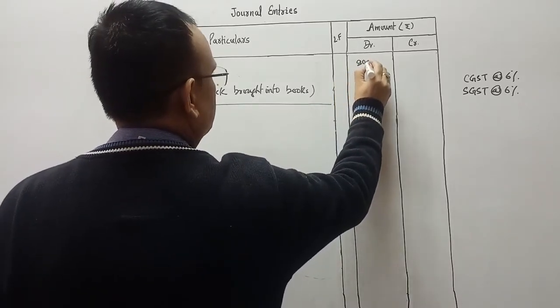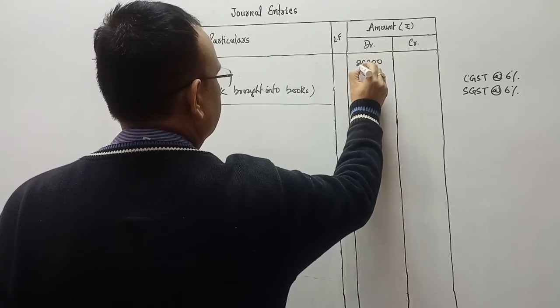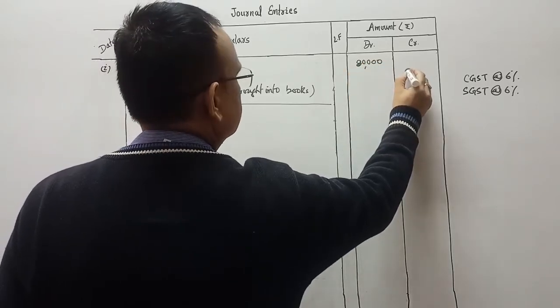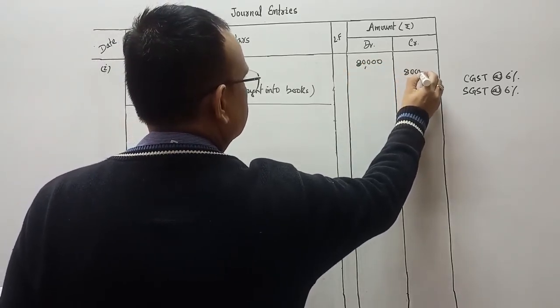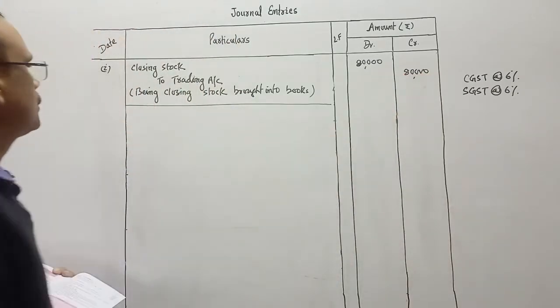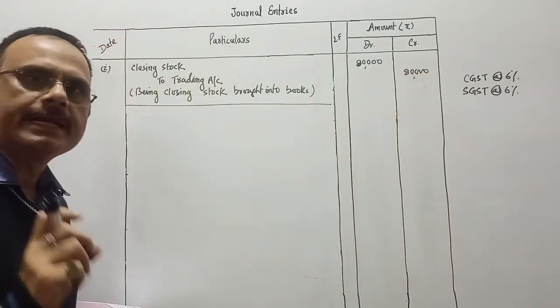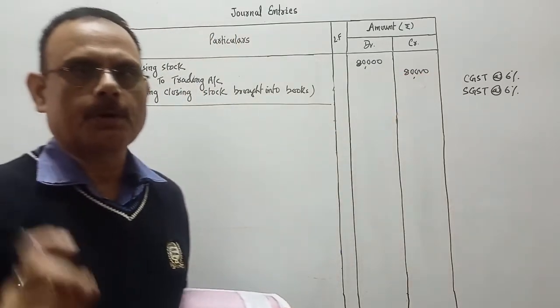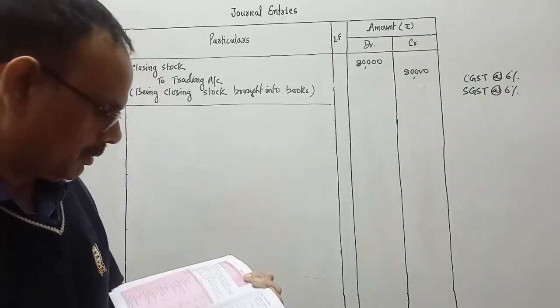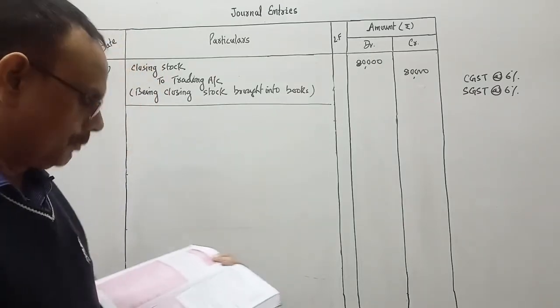So write the 80,000 in debit and 80,000 in credit. Closing stock account debit to trading account, being closing stock brought into the books.